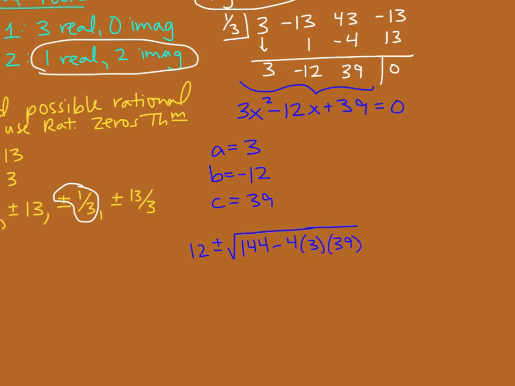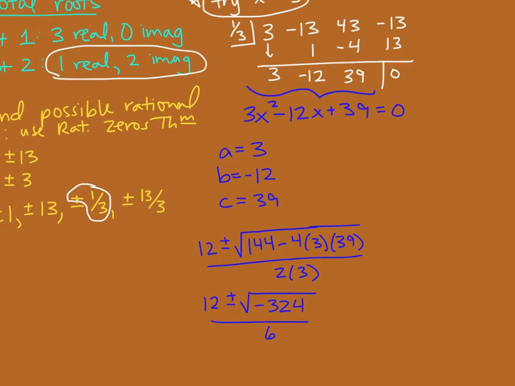We can see that our discriminant will definitely be negative, all over 2 times a. When we do the math under the root, our discriminant ends up being negative 324, and then it's all over 6.